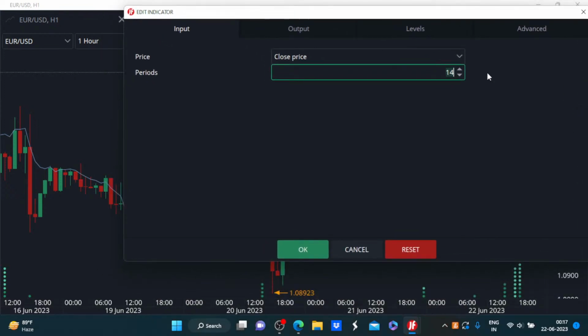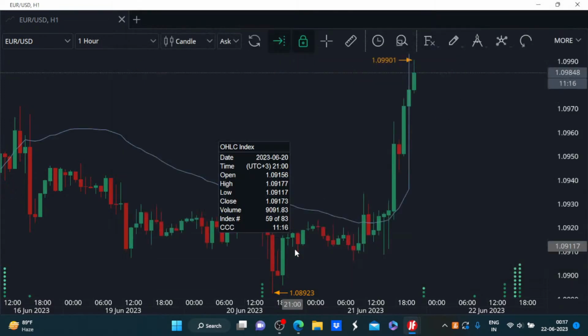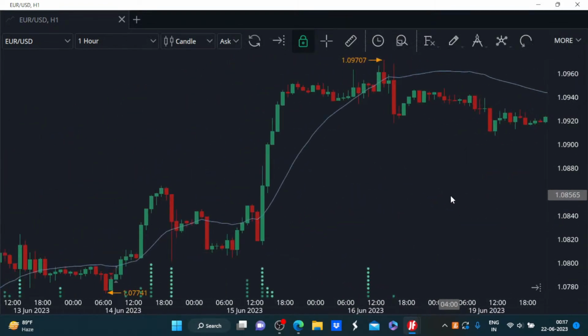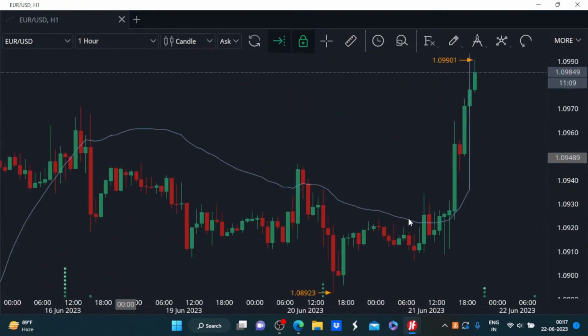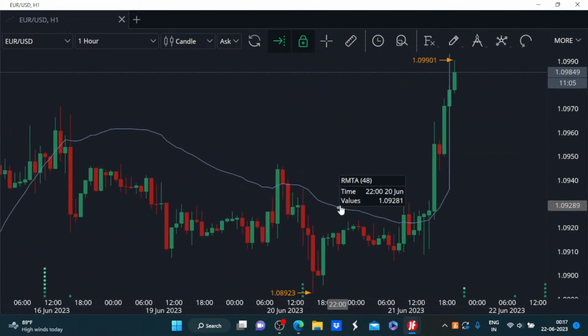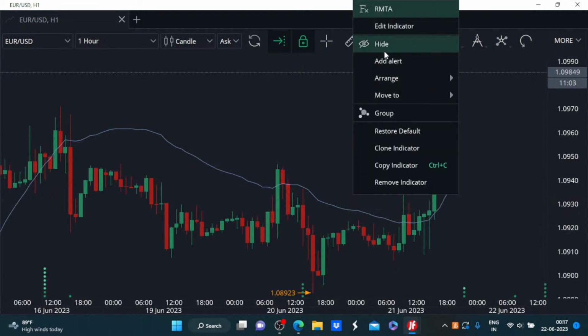And if you want to increase it, you can do that as well. That kind of possibility is also there. And it will add to the stability of the indicator's plotting, because we are now considering a larger number of data points before we can decide for ourselves how the RMTA output is to be interpreted.